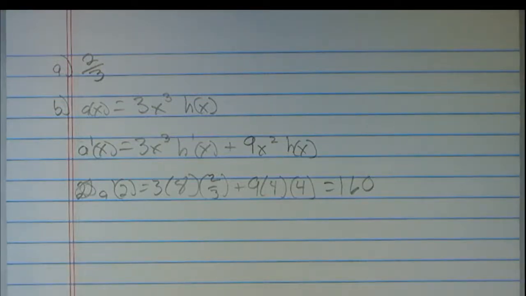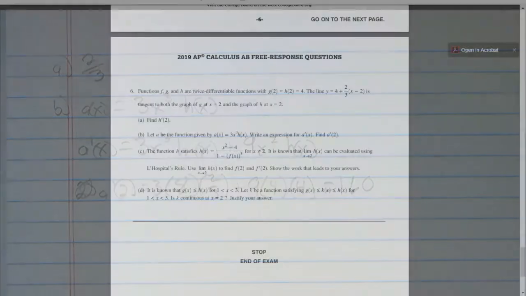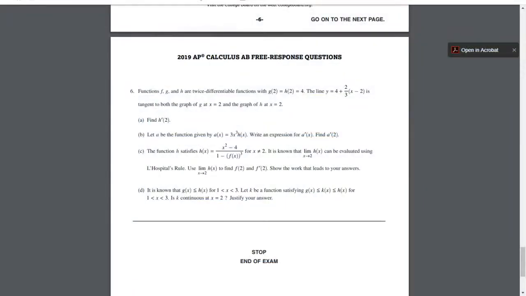Part C. The function h satisfies h of x equals x squared minus 4 over 1 minus f of x cubed, for x is not equal to 2. It is known that the limit as x approaches 2 of h of x can be evaluated using L'Hopital's rule. Use the limit as x approaches 2 of h of x to find f of 2 and f prime of 2.